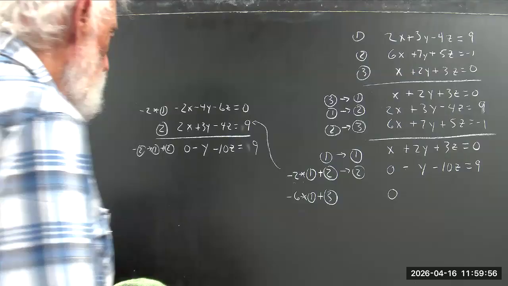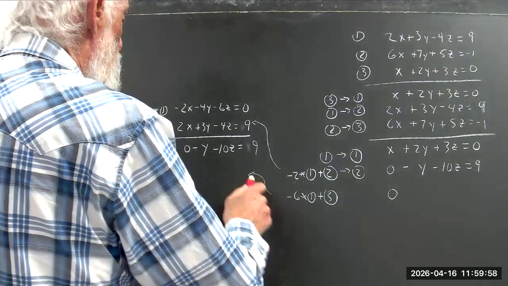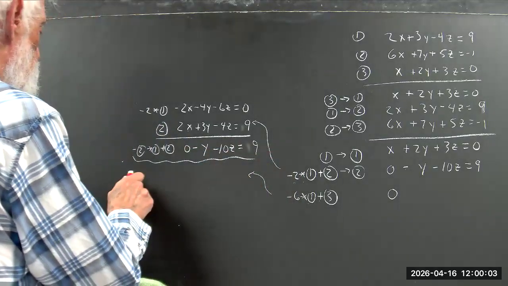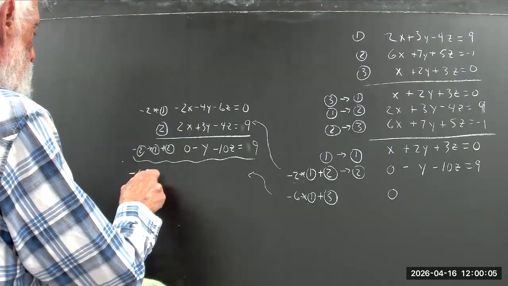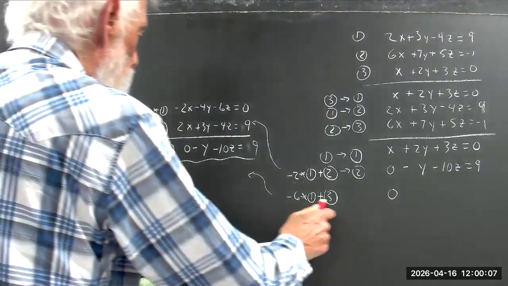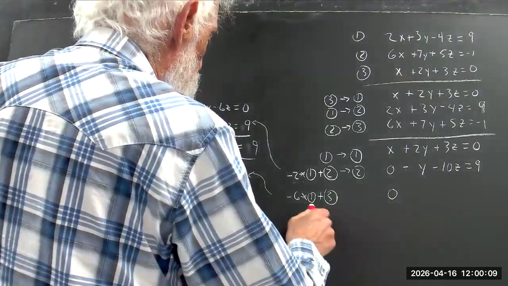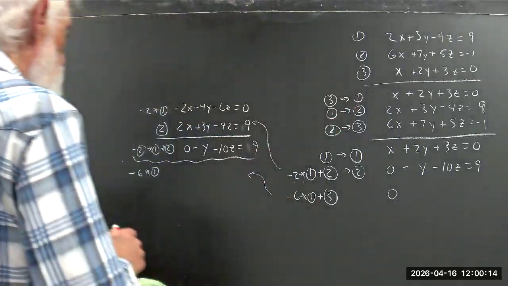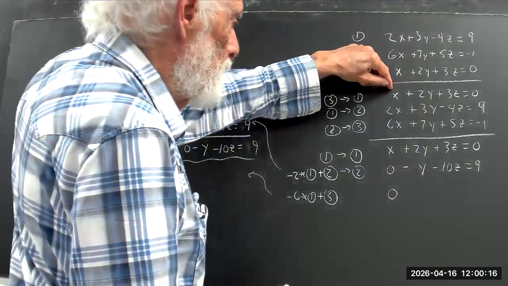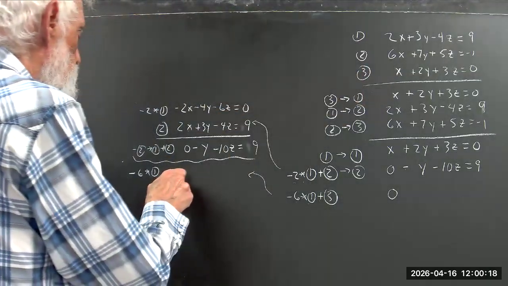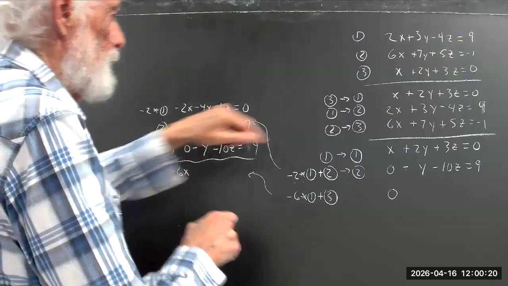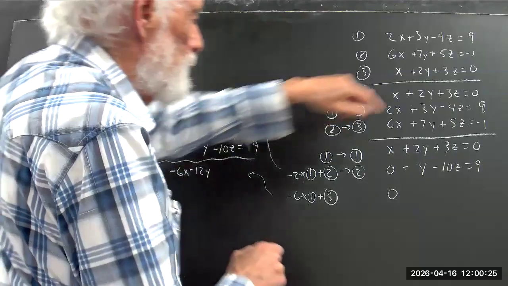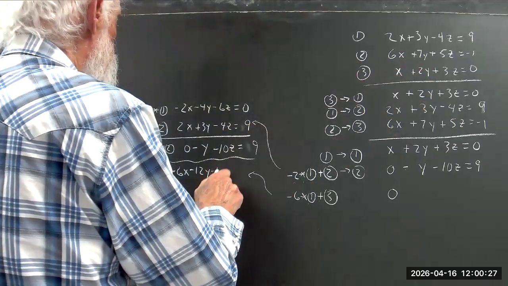Then my third equation, well, I've got to do -6 times the first equation plus equation 3. Now that instruction is written in the third step, meaning equation 1 is equation 1 from the second step. So -6 times this equation, -6 times x is -6x. -6 times 2y is -12y. -6 times 3z is -18z.